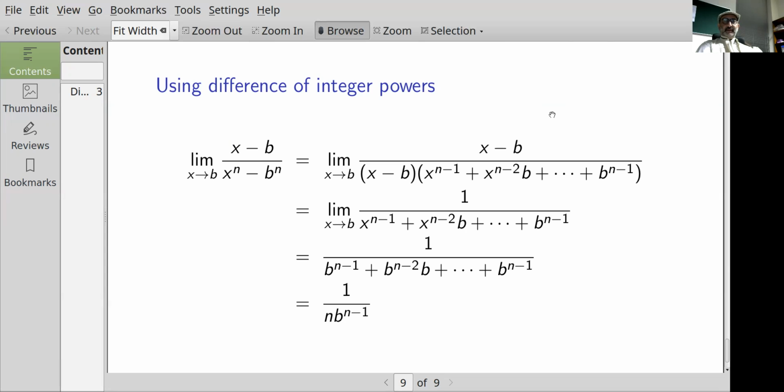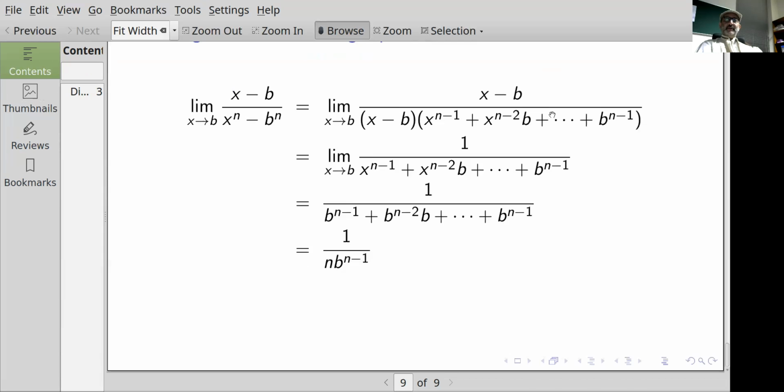There, you will see that each of the summands in the denominator is actually b to the n minus 1, and there are n of them, so you will get 1 over n b to the n minus 1. All right, so that's one more technique that you have in your toolbox now for evaluating limits.